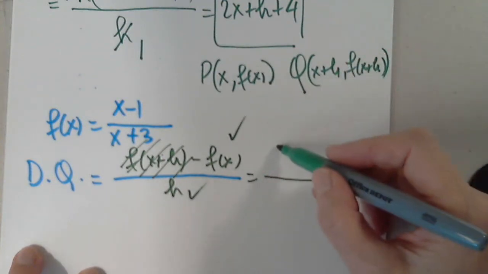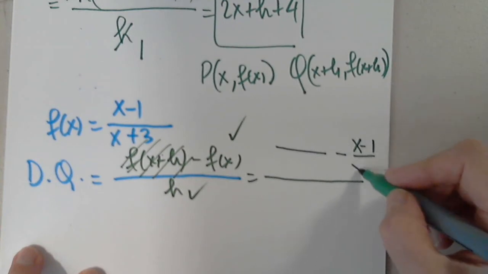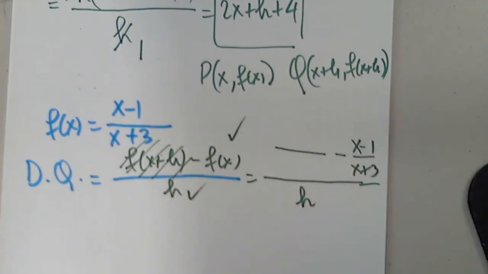So can anyone give us that function, and then I'll copy x minus 1 over x plus 3 and h in the denominator. Okay?